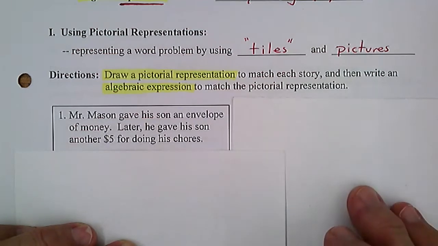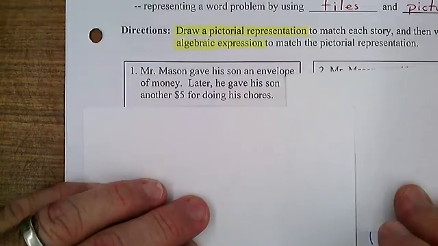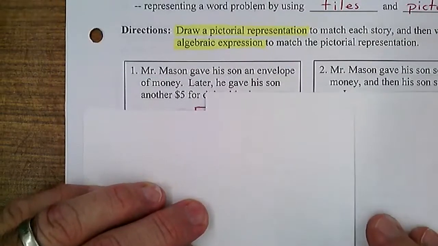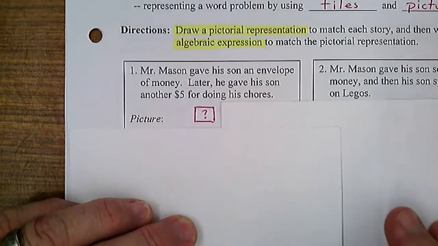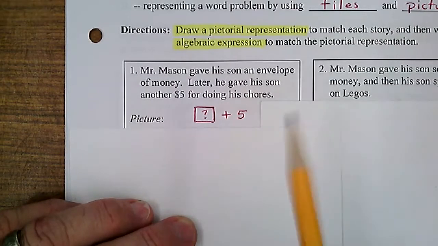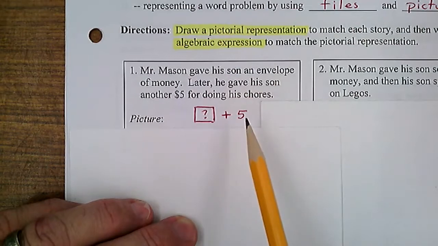So if I want to represent this in a pictorial representation, then I would do something like this. There's the envelope, right? We don't know how much is in it. And there's the $5. Okay? So there's the envelope. The amount is unknown. There's the $5.